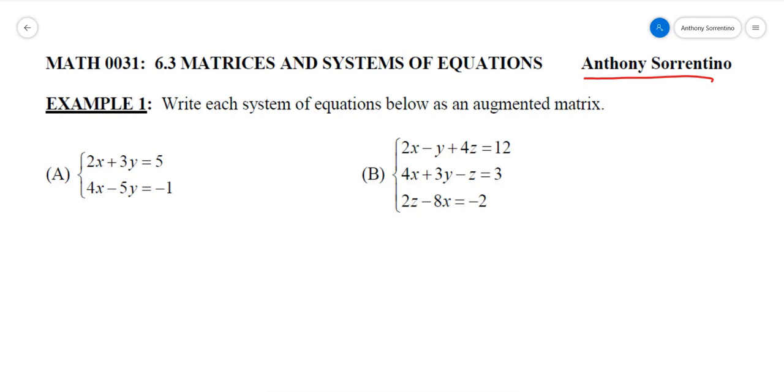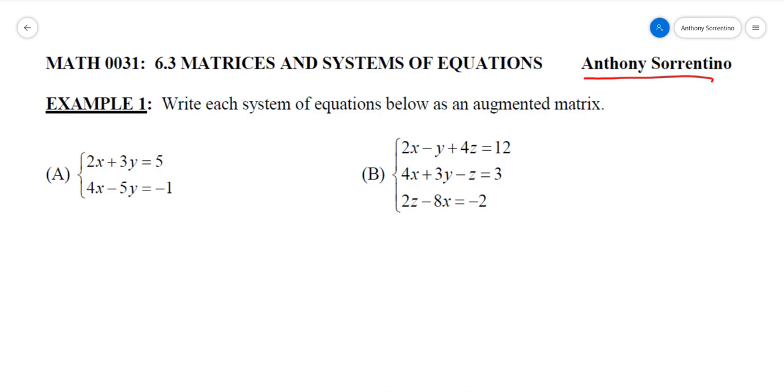So there are other methods to solve a system of equations in a little bit more of a streamlined fashion. And as we move through these subsequent chapters, we're going to learn different ways of dealing with this. And so we use matrices as a method of doing this.